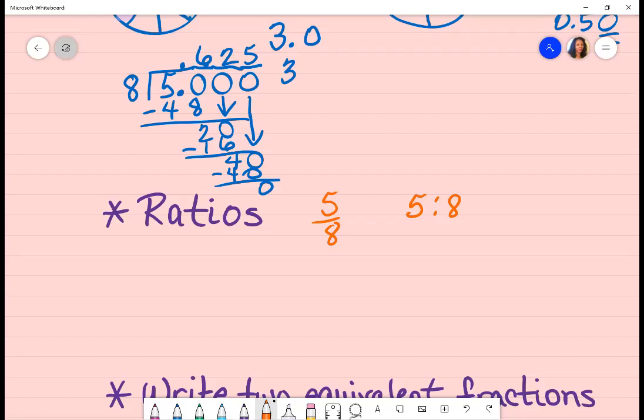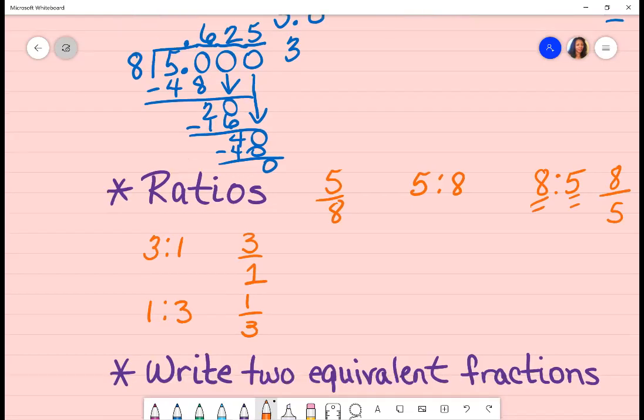If I said 8 to 5, the first number is my numerator, so it's really 8 over 5. And whatever my second number is, that's my denominator. So make sure you understand that. 3 to 1 is simply 3 over 1. 1 to 3 is 1 over 3. So see, it means the same thing. It's equivalent, it's just in a different form.